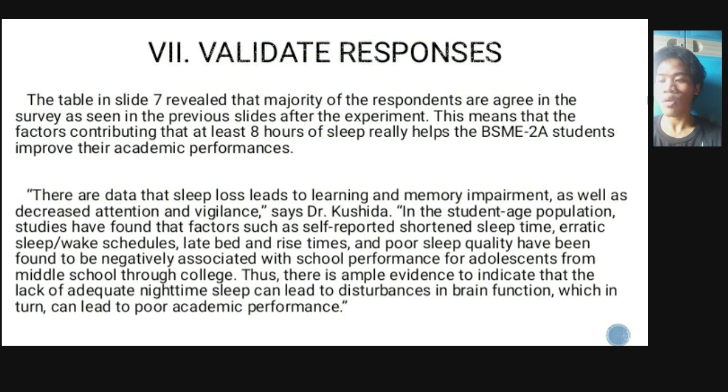In the student age population, studies have found that factors such as self-reported shortened sleep time, erratic sleep-wake schedules, late bed and rise time, and poor sleep quality have been found to be negatively associated with school performance for adolescents from middle schools to college. Thus, there is ample evidence to indicate that the lack of adequate nighttime sleep can lead to disturbance in brain function, which in turn can lead to poor academic performance.